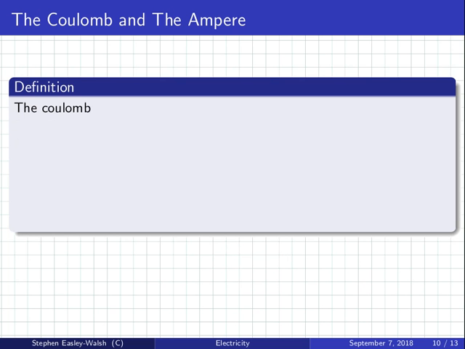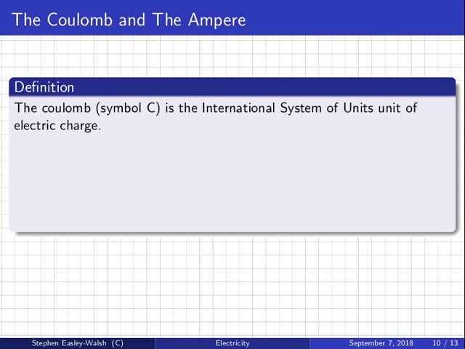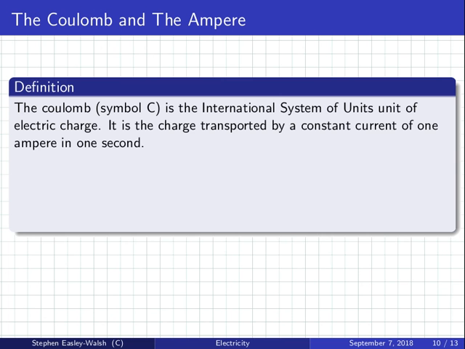I don't know if you've done this unit in chemistry. You have? In physics before, yeah. So the Coulomb, the symbol is C, is the SI unit, the International System of Units, for electric charge. So what is a Coulomb? It's the charge you get in 1 amp in 1 second.